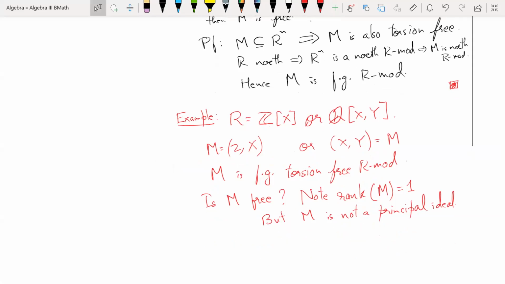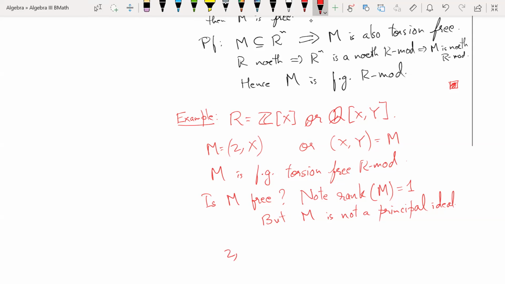The point is M cannot be generated by one element. We know that M is not principal, and now you take any two elements in M, then you show that they are linearly dependent. For instance, 2 comma x you can show are linearly dependent, and that way you can show any two elements are linearly dependent.